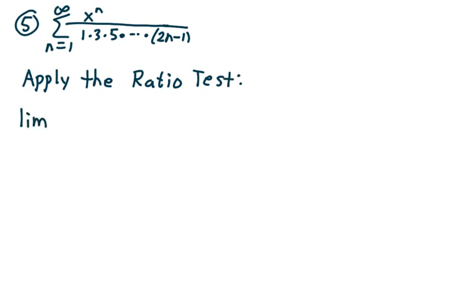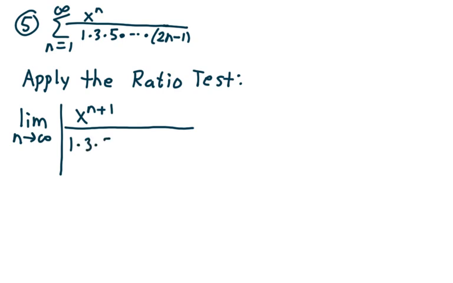So I'm going to get the limit as n goes to infinity of the absolute value of x^(n+1). So wherever I see an n, I pop an n + 1 in its place. And I'm going to divide by 1 times 3 times 5 all the way through until 2 times (n + 1) minus 1.